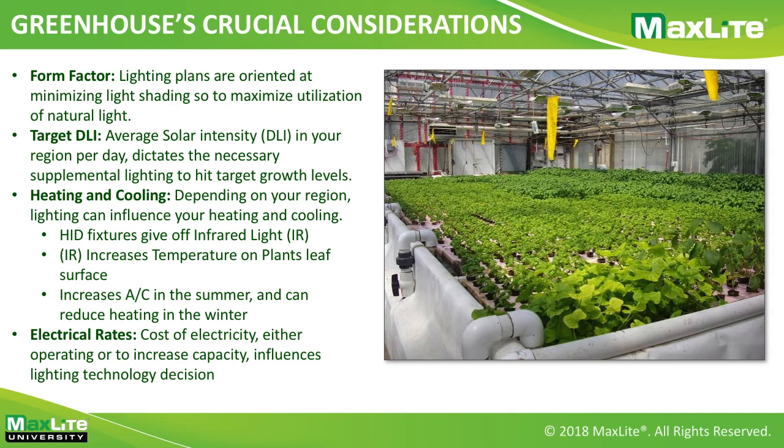Then we evaluate those two different measurements to truly make sure that we offer them the most economically feasible lighting solution based upon the actual space that they're operating under.